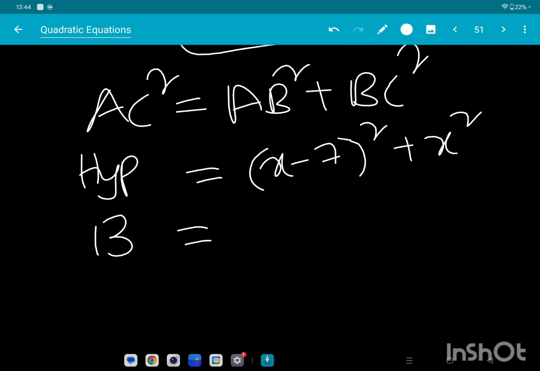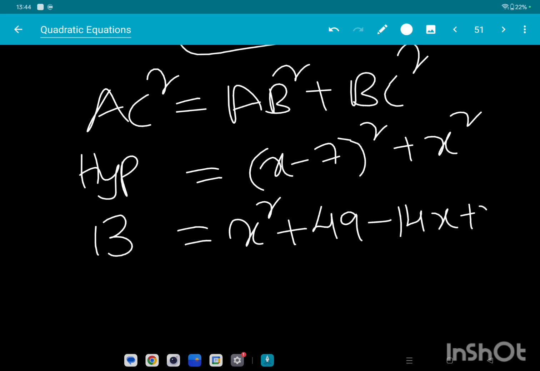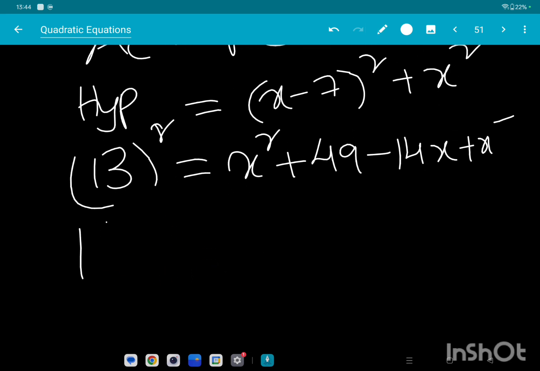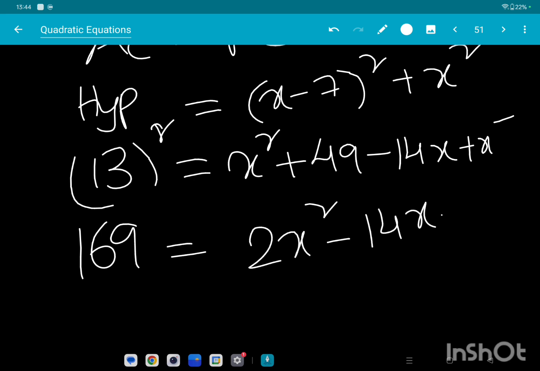How can we solve this? Here the hypotenuse is 13, which is nothing but the diameter. Now x minus 7 whole square means x square plus 49 minus 14x, plus x square. 13 square is 169, equal to 2x square minus 14x plus 49.